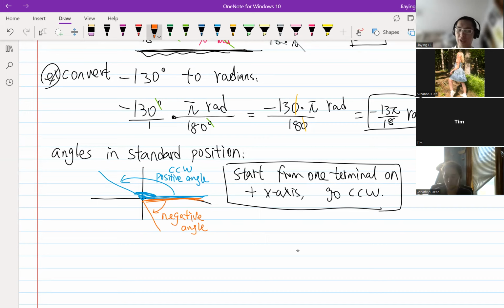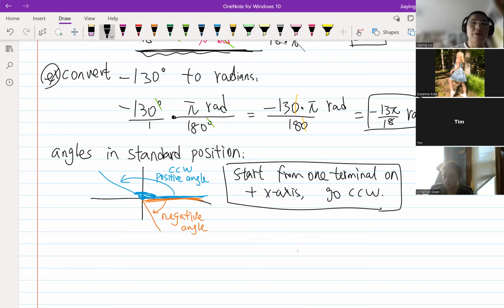It doesn't matter whether it's a positive angle or negative angle. We're always going to begin on the positive x-axis as the first terminal side of the angle. And then, depending on the sign, we're going to go the correct direction until we get to the right terminal side.